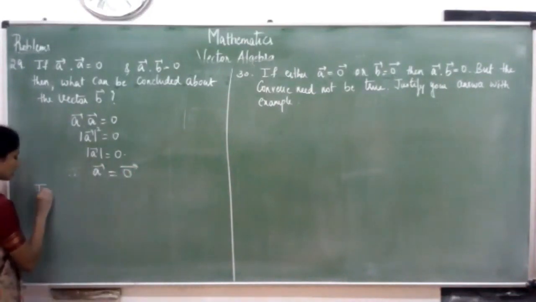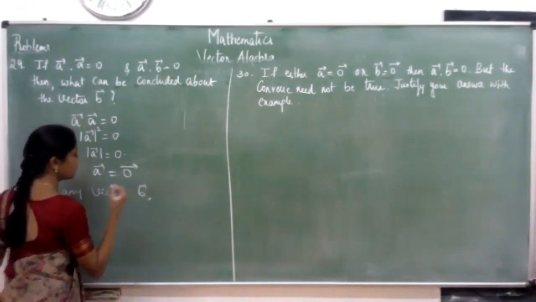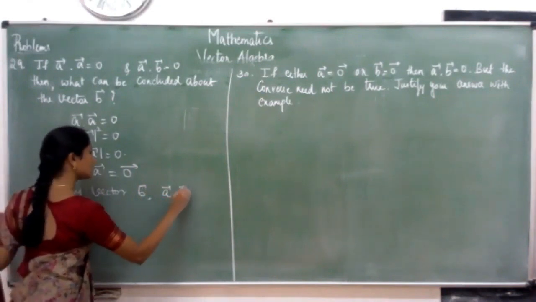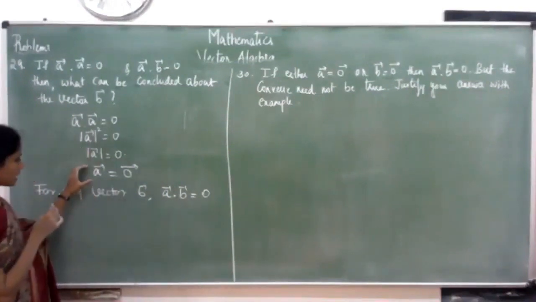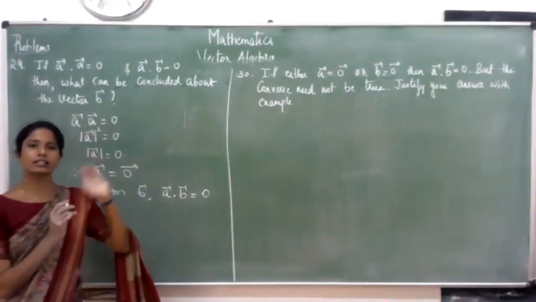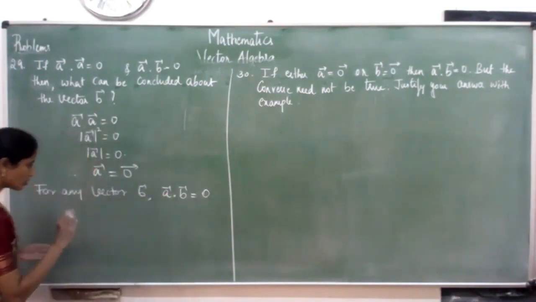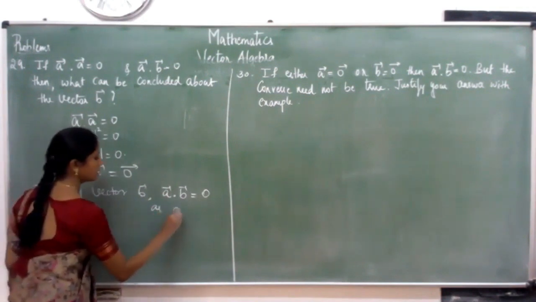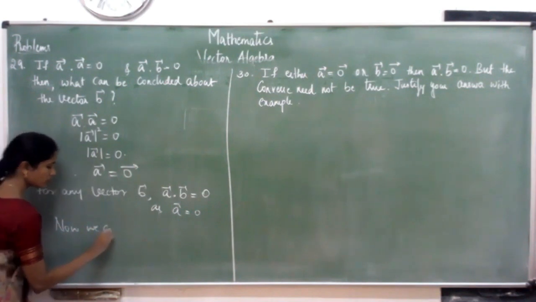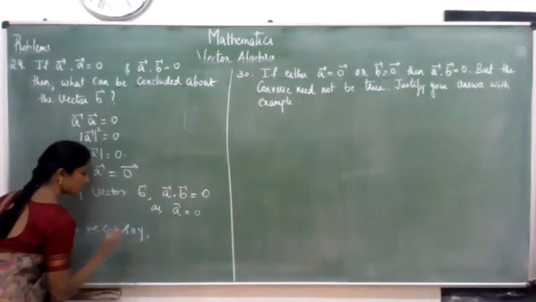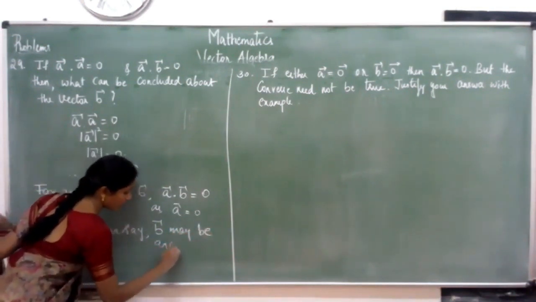Now, they have also given that for any vector B, vector A dot B is equal to 0. Okay, so from this I can say since vector A is a 0 vector, definitely the dot product between these two will be 0. So as vector A is a 0 vector, we can say that vector B may be any vector.